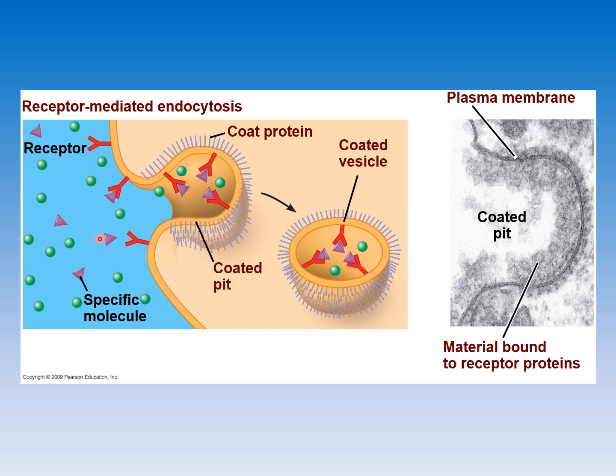Well, here comes the specific molecule, the purple little triangle that binds with it. What about the green? It doesn't bind with it, so it's not going to do anything. When the purple binds with the receptor, it's going to trigger this infolding, and see how it kind of indents in and you form this vesicle. So now you've brought the little purple triangles inside the cell.